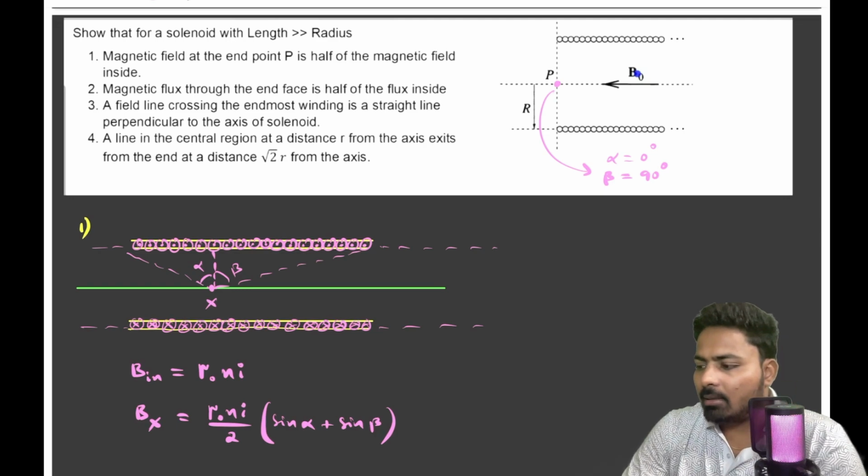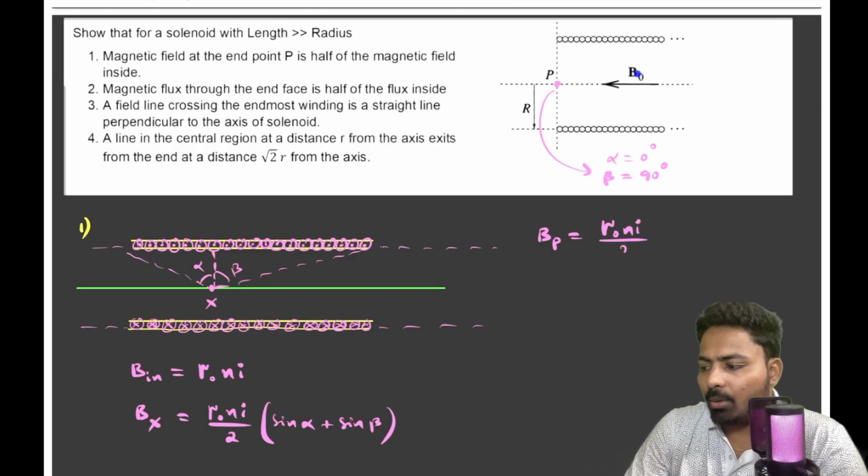By using this, we directly get the magnetic field at point P as mu naught Ni by 2 into sine 0 degrees plus sine 90 degrees. Therefore the magnetic field at P is equal to mu naught Ni by 2, which is nothing but what?